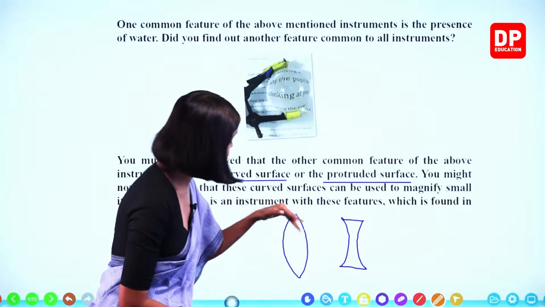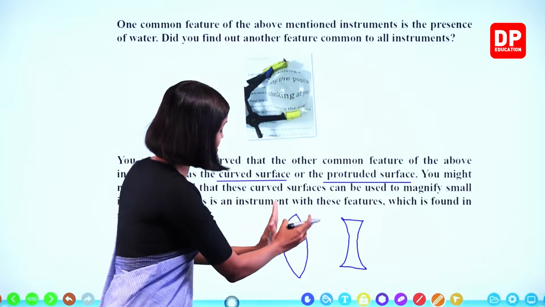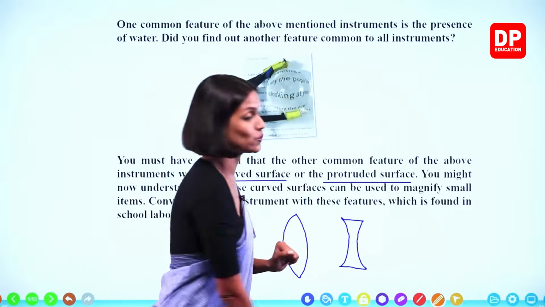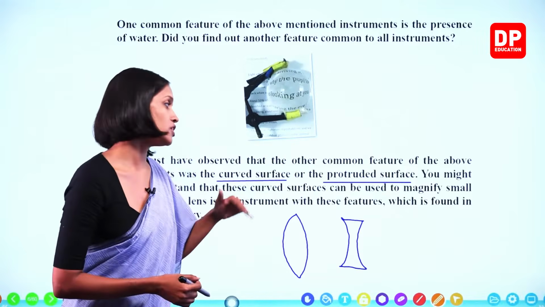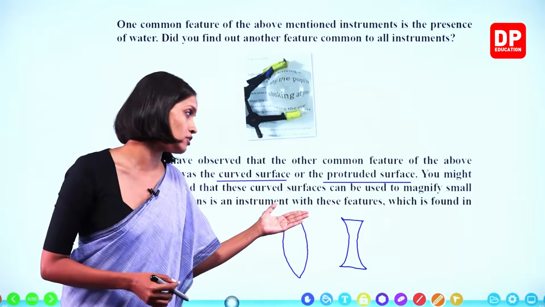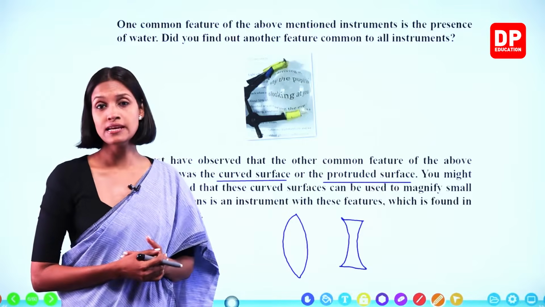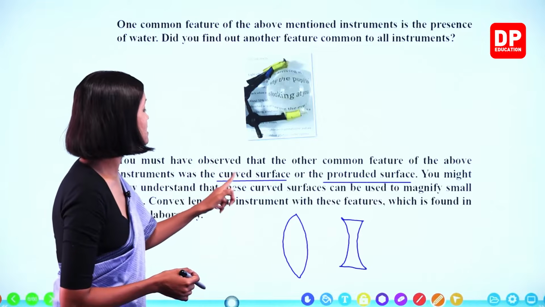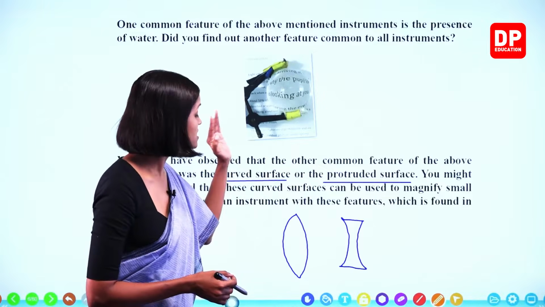In the cross section of a convex lens, the surfaces are curved outwards. In a concave lens, they are curved inwards. You are going to learn more about convex and concave lenses in the upper grades.